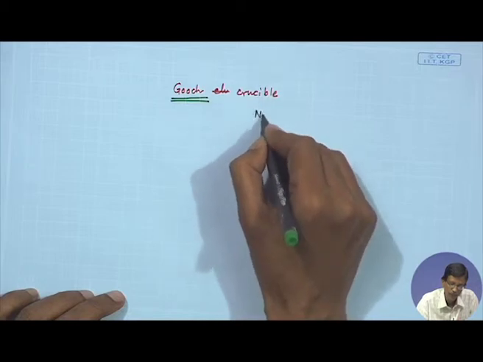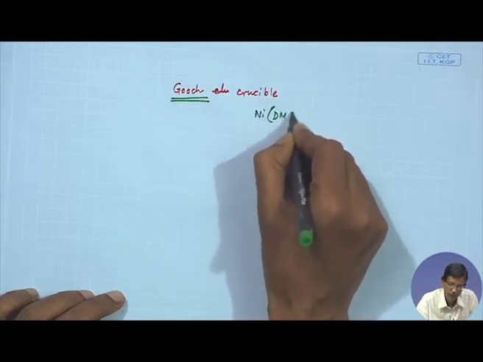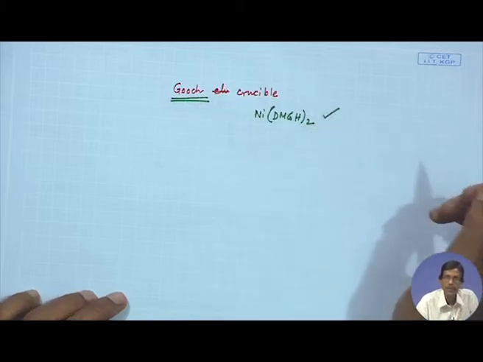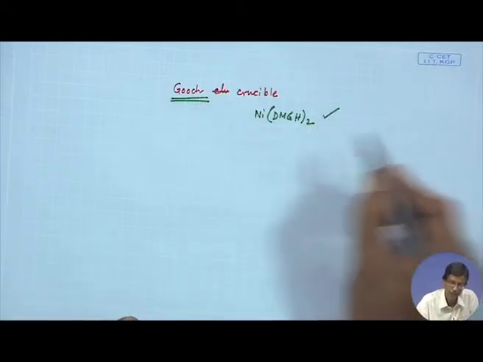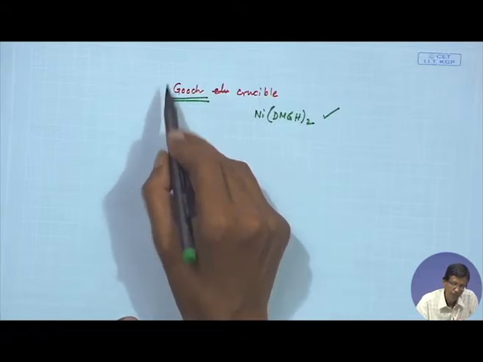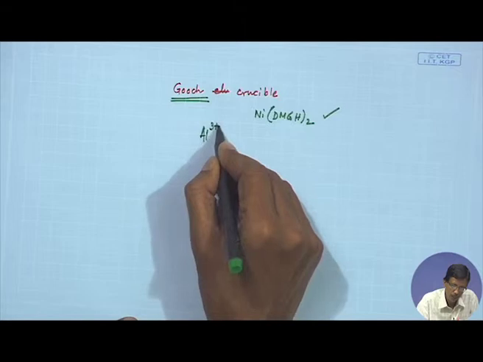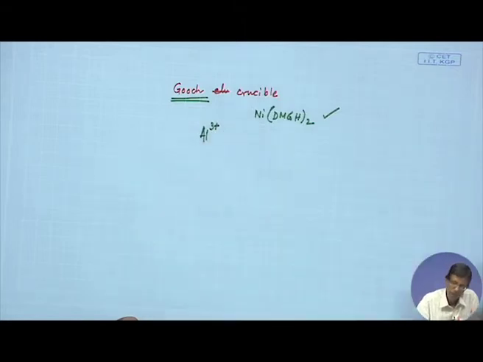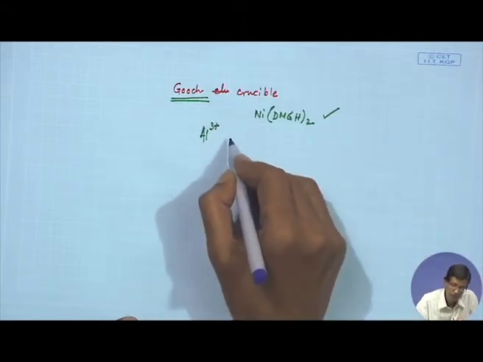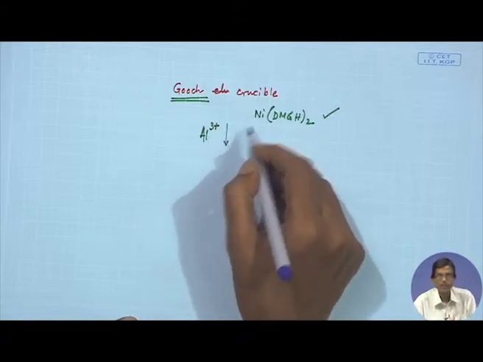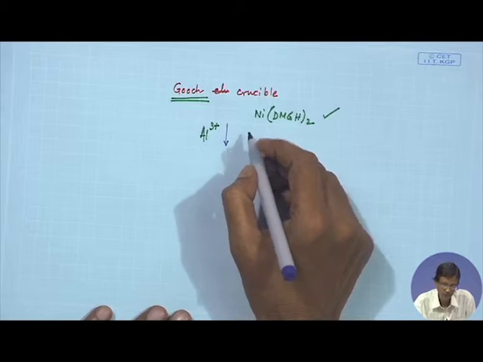So, we have Ni(DMG)2, and we have seen that you can use this at a particular temperature. This particular gravimetric technique we will discuss in detail afterwards, but for the time being, it can be precipitated out when aluminum is there in your unknown solution.